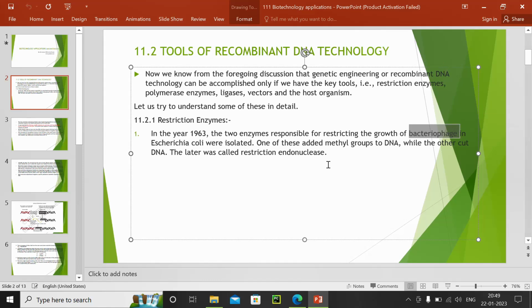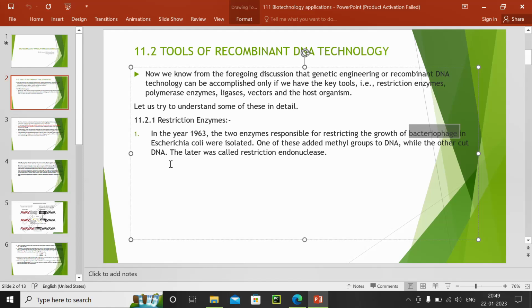One of these enzymes added methyl groups to DNA. After the isolation of these two restriction enzymes, one added methyl groups to the DNA, that is methyl transferase, while the other cut the DNA.